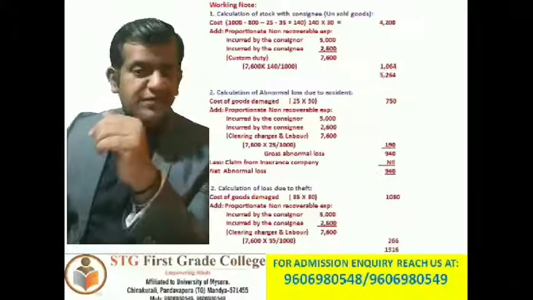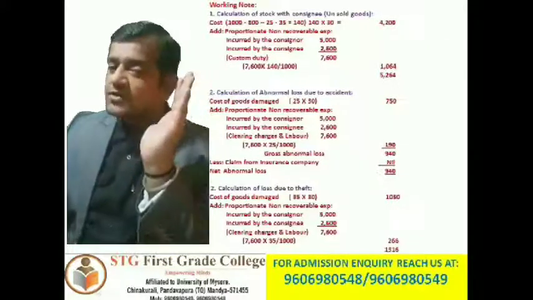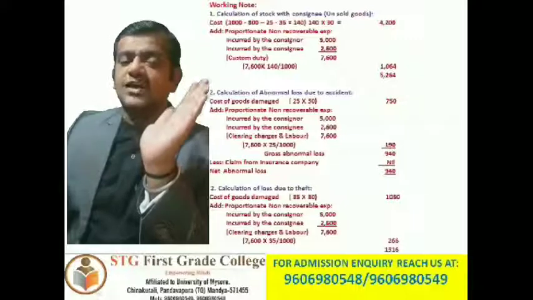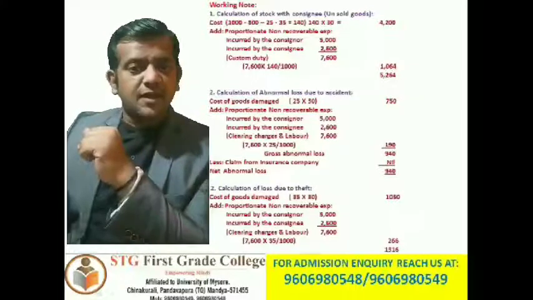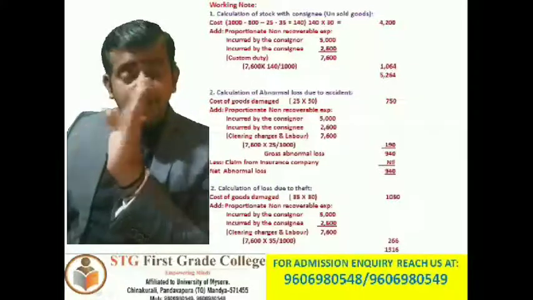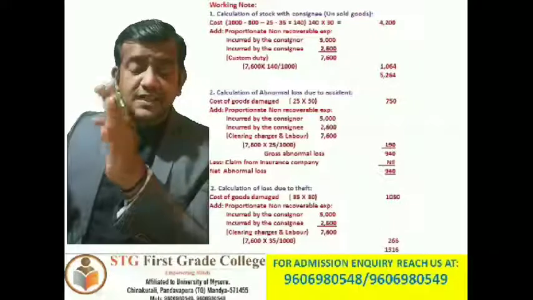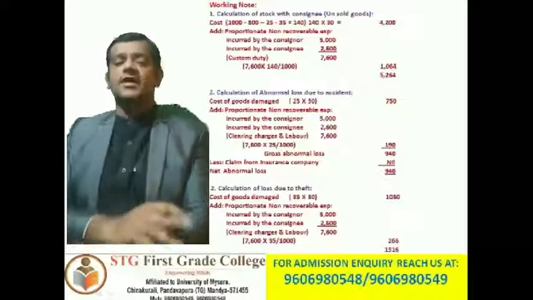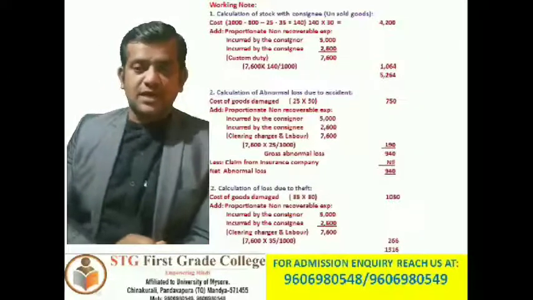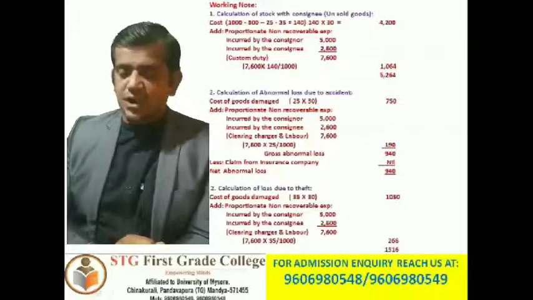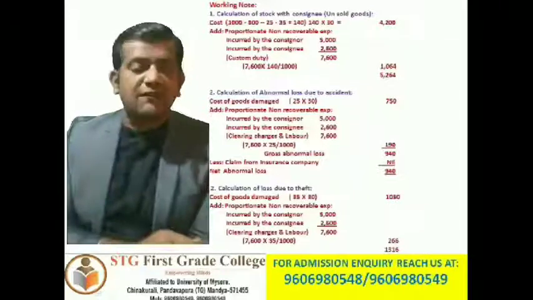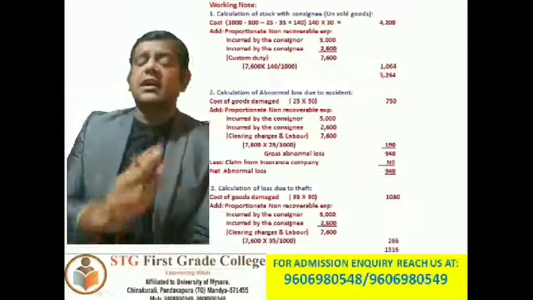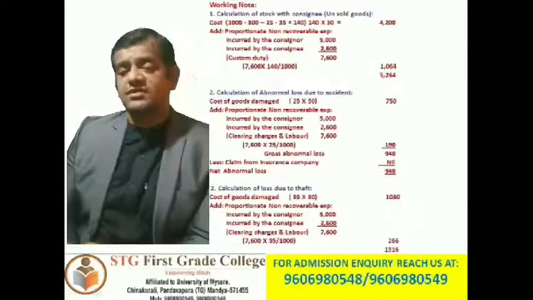So the expenditures till the goods reach the consignee can be recovered by the consignee from the consignor. Clear? So now we are considering only custom duty over here. Custom duty how much? 2,600. Now total it: 5,000 plus 2,600, that equals 7,600.